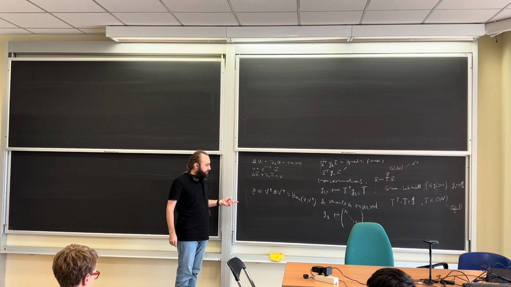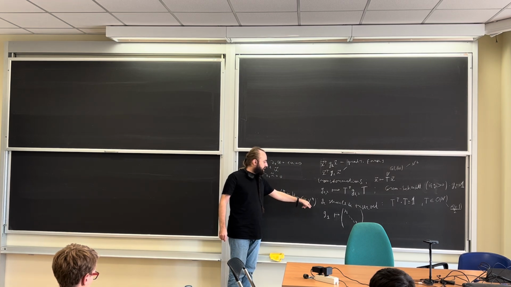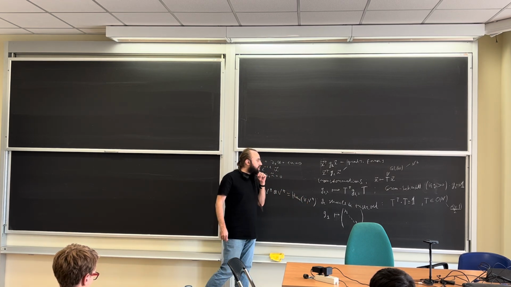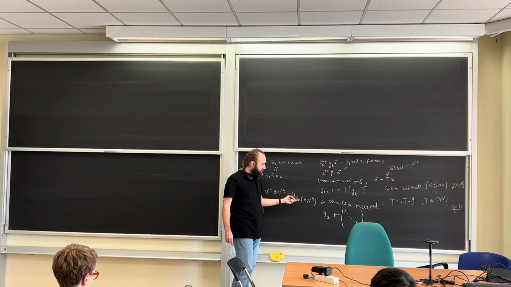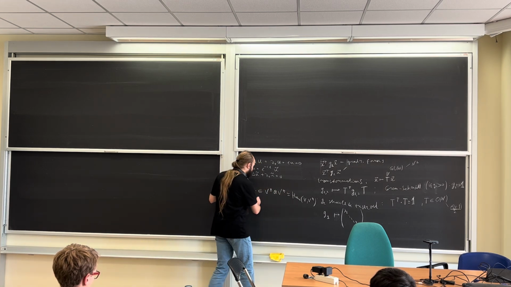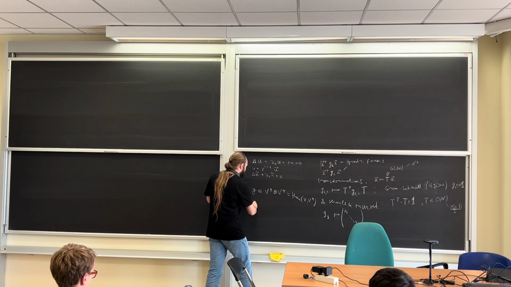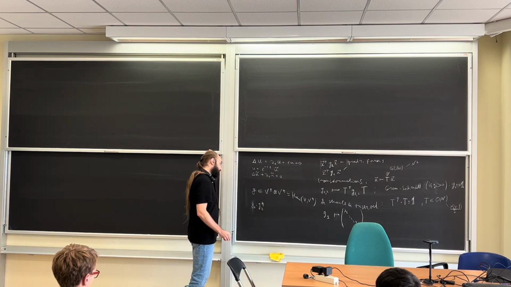But this quadratic form gives the identification of these two spaces, and if you want something that is an operator from the space to itself, we should take the ratio of these quadratic forms.